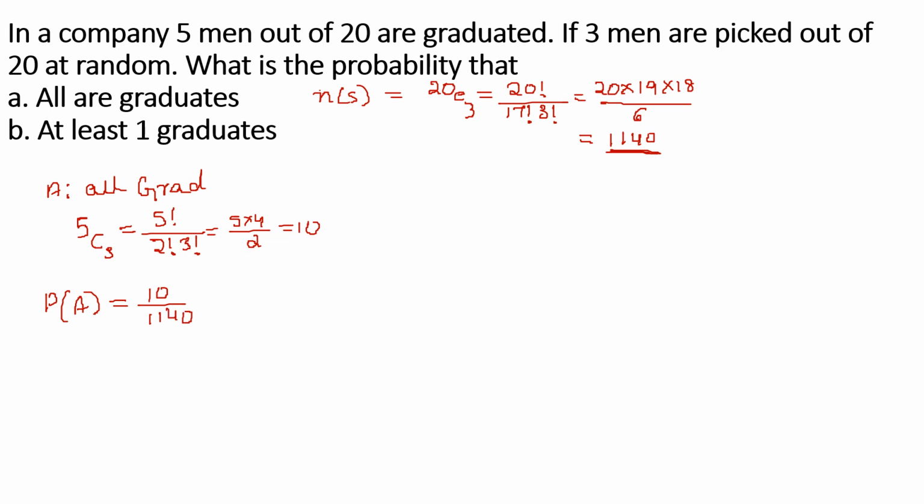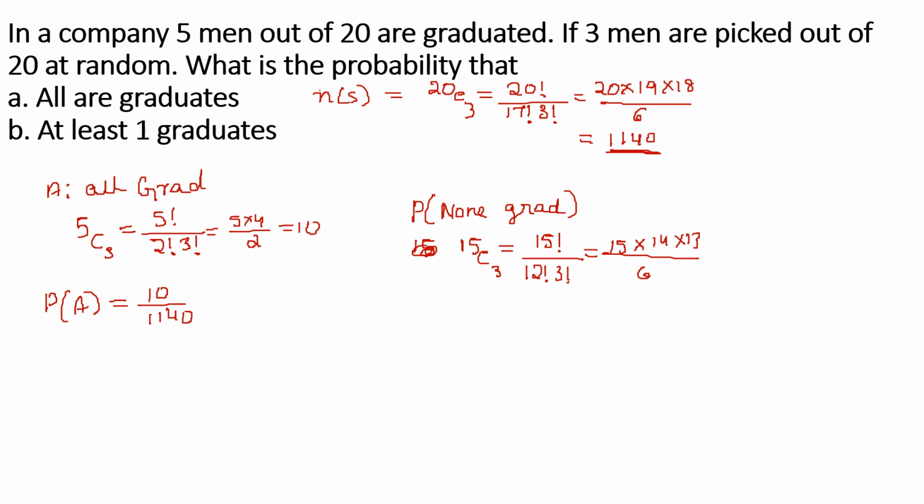Now, in order to find at least one is graduated, first let us find the probability that none are graduated. There are 15 people who are not graduated, out of 20. We have to pick 3 out of 15, which is equal to 15 factorial divided by 12 factorial into 3 factorial. That will be equal to 15 into 14 into 13 divided by 6, so the total is 455.